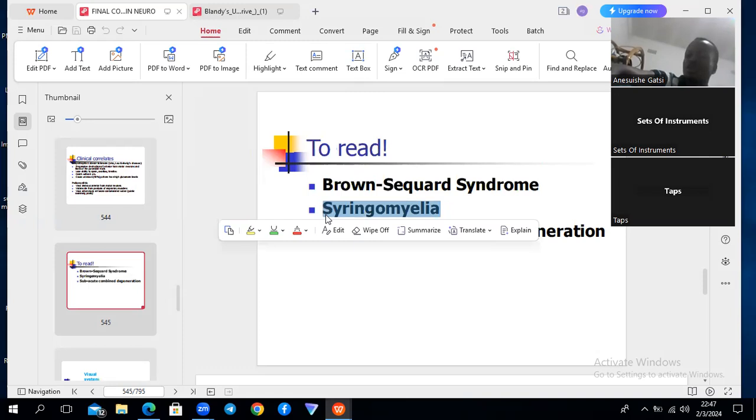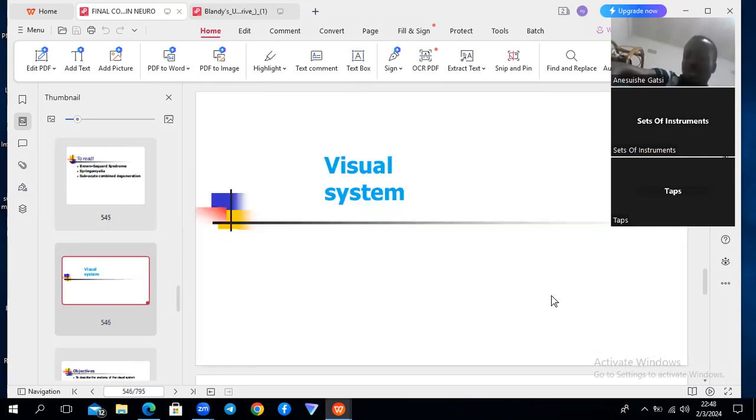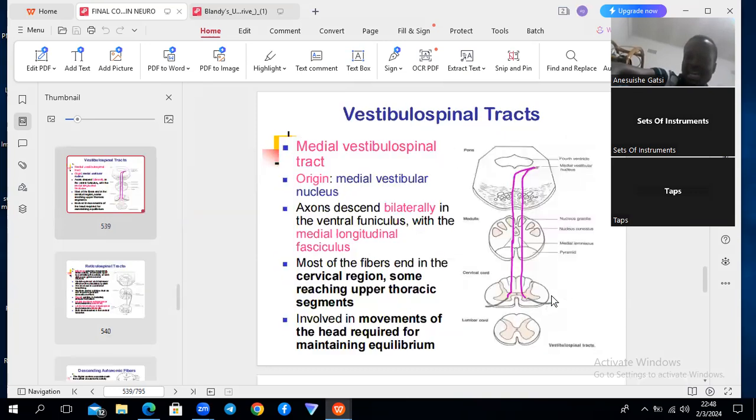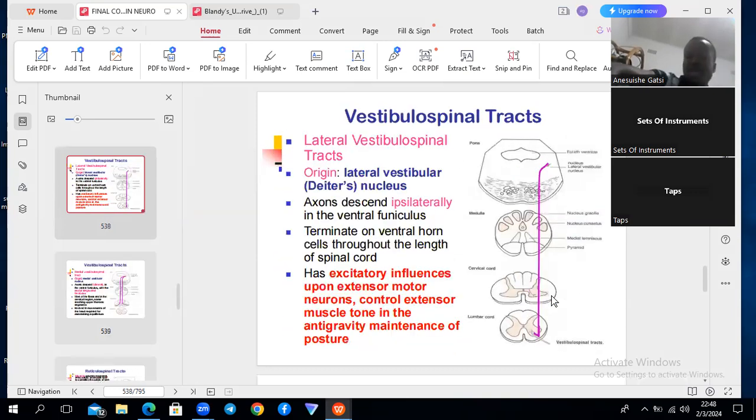Then you get something called central cord syndrome. And we talked about the somatotopic organization, which gives you the different manifestations of syringomyelia. Those are what we call descending tracts: corticospinal, the main one, then the rest are extrapyramidal.